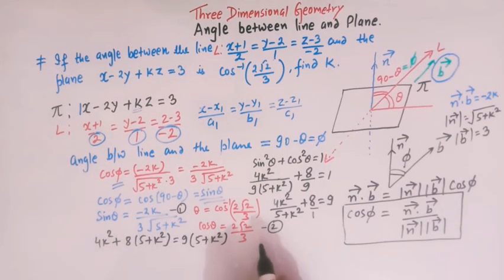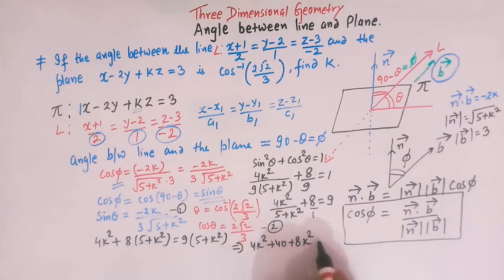Now simplifying it further, we have 4k square plus 40 plus 8k square, and here we have 45 plus 9k square, right? And this is 12k square minus 9k square, that is 3k square.